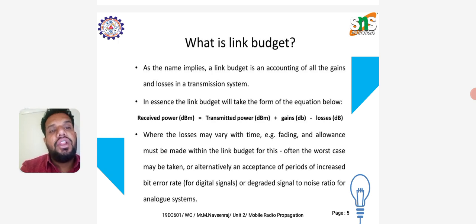The losses may vary with time, that is, they are time-variable parameters, for example fading, and allowance must be made within the link budget. For this, often the worst case may be taken, or alternatively an acceptance of periods of increased bit error rate or degraded signal to noise ratio for an analog system.